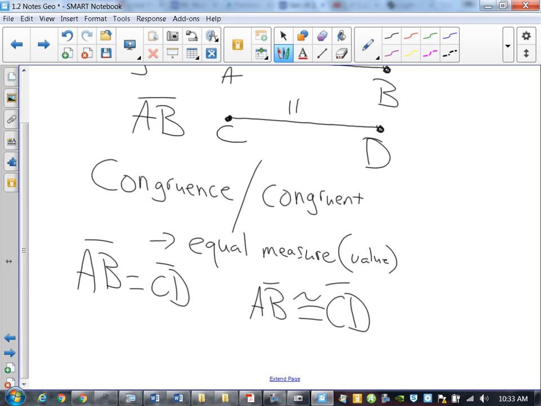But yeah, you're going to start to see that more often. I thought I would show you the actual definitions of what some of these things are before we get into it. So you've got equal measures, you've got congruencies. When we start working with more and more diagrams, you're going to see what are called tick marks. You might have done this before.